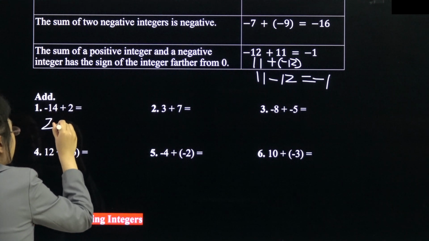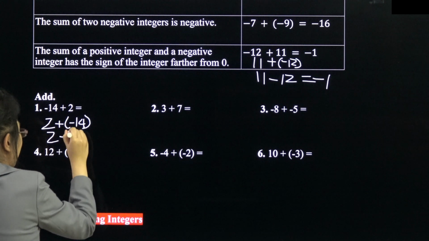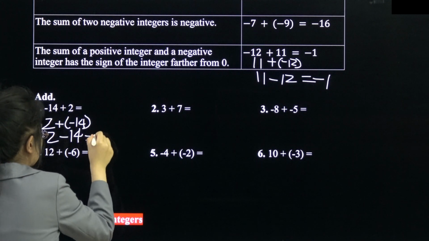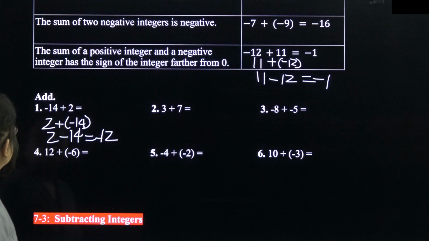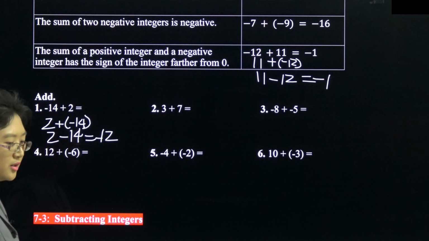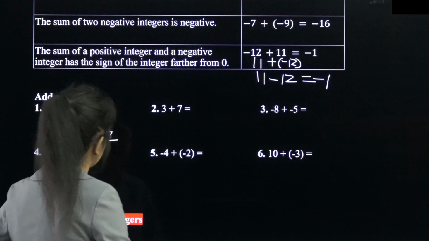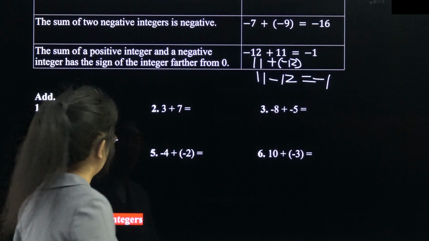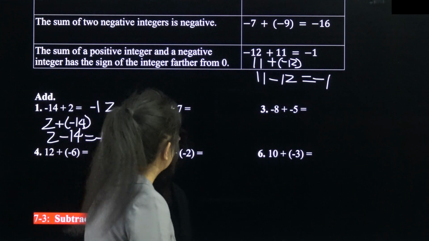You could do it as 2 plus negative 14, which is 2 minus 14, which is negative 12. Or you could think 14 minus 2 and put a negative sign on it. Because 14 minus 2 equals 12, and then you put a negative sign on it, and it's negative 12, which is the right answer.